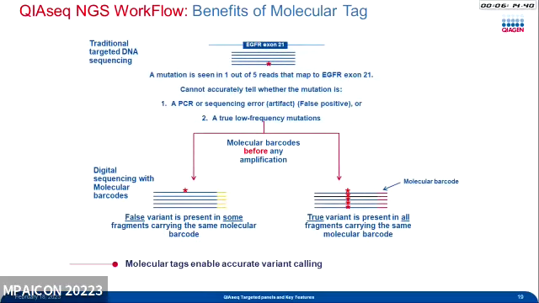The second benefit of the molecular tag or unique molecular index is that if you have a particular mutation residing here, and all of these amplicons come from the same original amplicon after the amplification process, then this is a false positive, because other copies of that amplicon do not have that particular mutation.